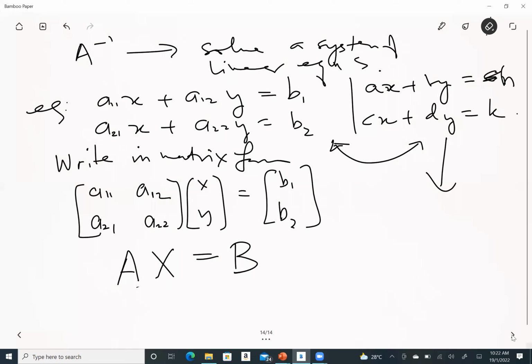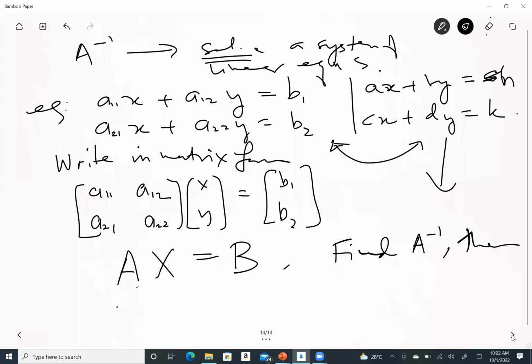So you want to solve for the X. How do you solve it? We use matrix form. What you do now is make use of the inverse of A. So I have to find the inverse of A. Then you multiply the inverse of A on the left.